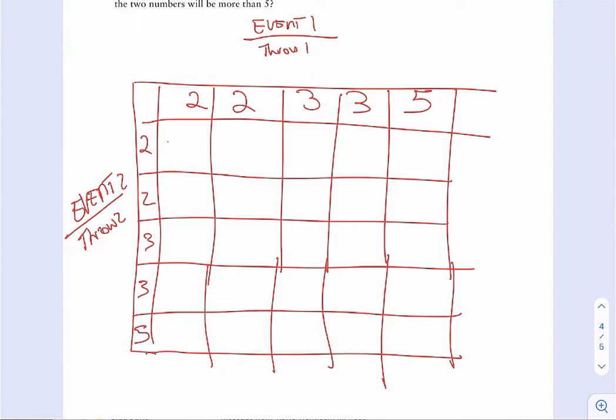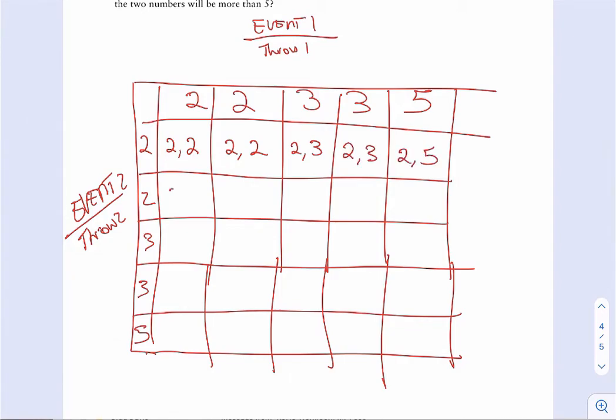For example, I can score a 2 on my first throw and a 2 on my second throw. Again, there are 2 possible times you can hit 2 on the first one. Same thing, I can score a 2 on my first throw and a 3. Score a 3 on my first throw and score a 2. 2 and 5.